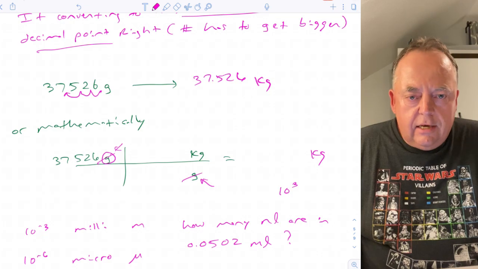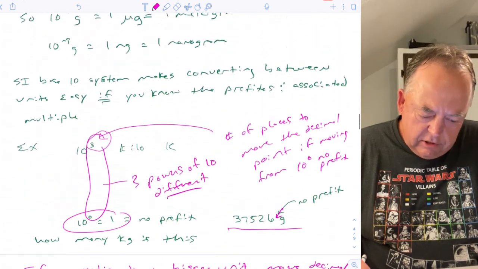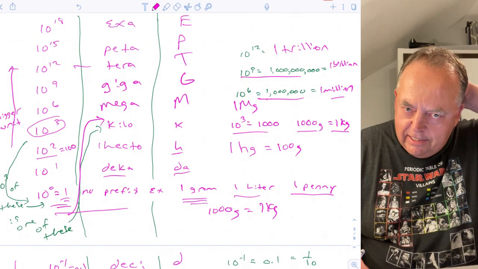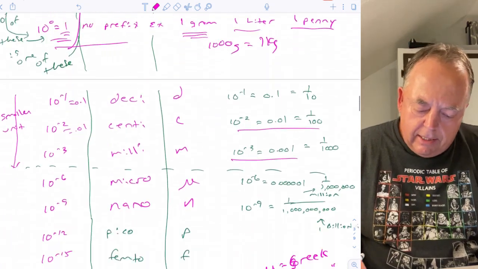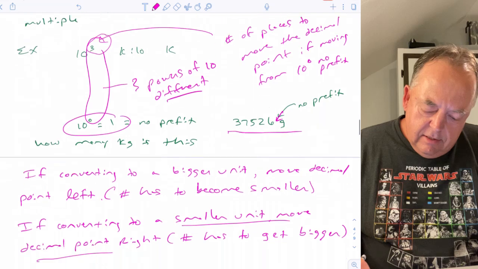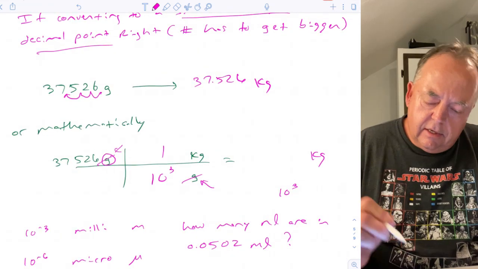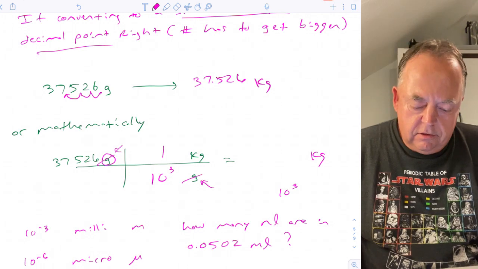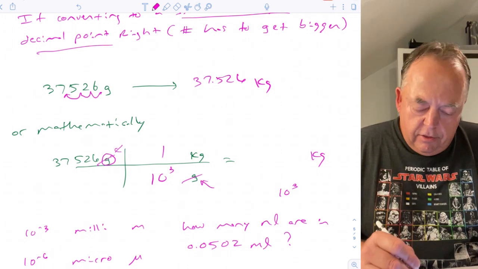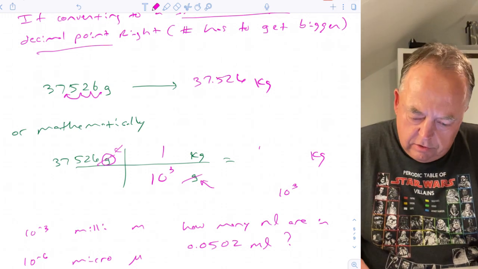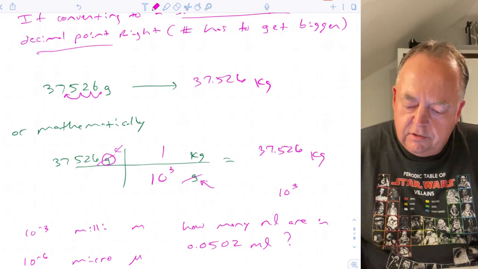Now where does the 10 to the third go? This gets confusing to students because the 10 to the third is written in this table beside kilo, but what that means is that there's 10 to the third of these in 1 kilogram. So basically you're taking 37,526 and dividing it by 1,000, so you get 37.526.